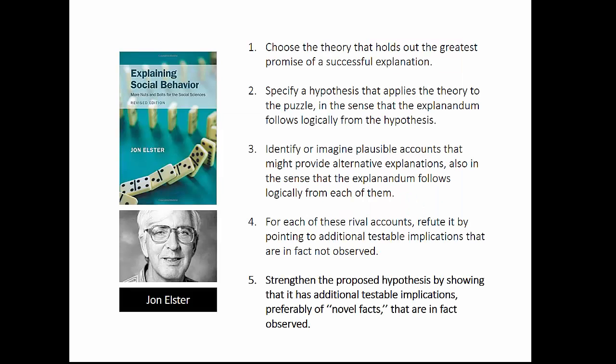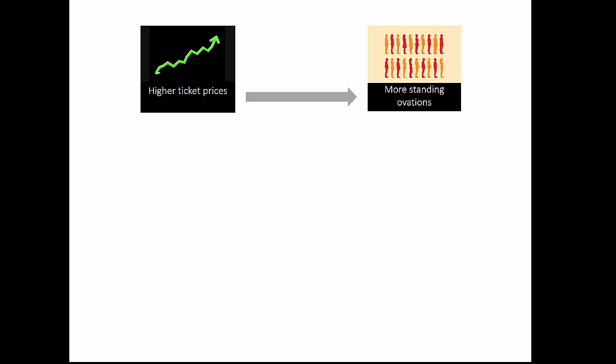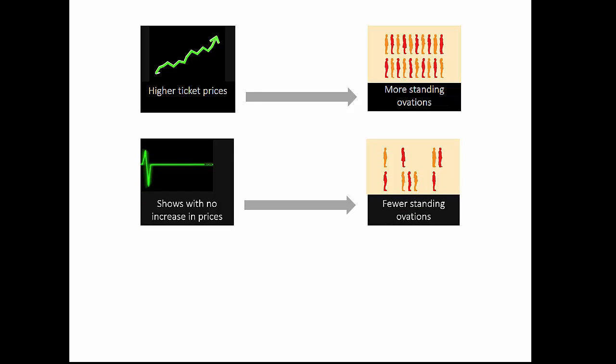The last one that Elster has is to strengthen the original hypothesis by showing that it has additional testable implications. And this is what he calls support from below. So imagine now, this is his main hypothesis: higher ticket prices lead to more standing ovations. Now he says, if that is true, we should also observe that for Broadway shows where for whatever reason there was no increase in ticket prices, there should be fewer standing ovations.